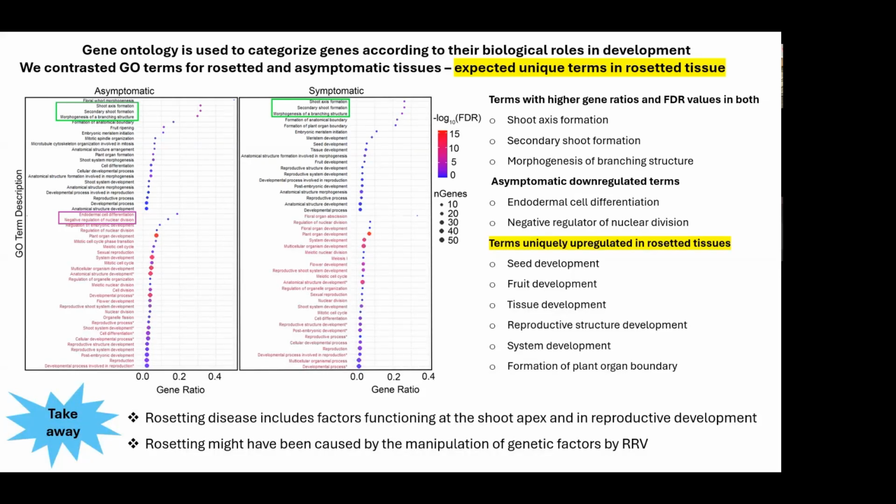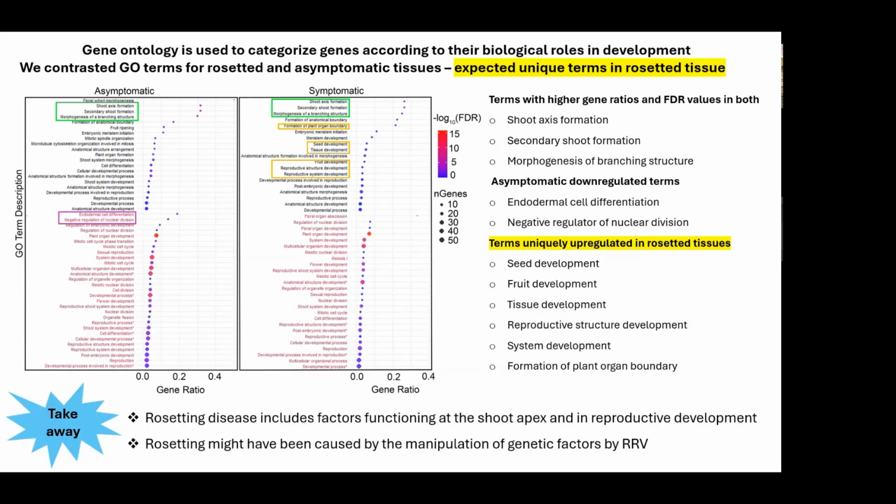So we went ahead to look at the terms which were uniquely upregulated in certain tissues where we see the rosetting. If you look keenly, the terms which were upregulated in symptomatic tissues were seed development, fruit development, tissue development, reproductive structure development, system development, and formation of plant organ boundary.